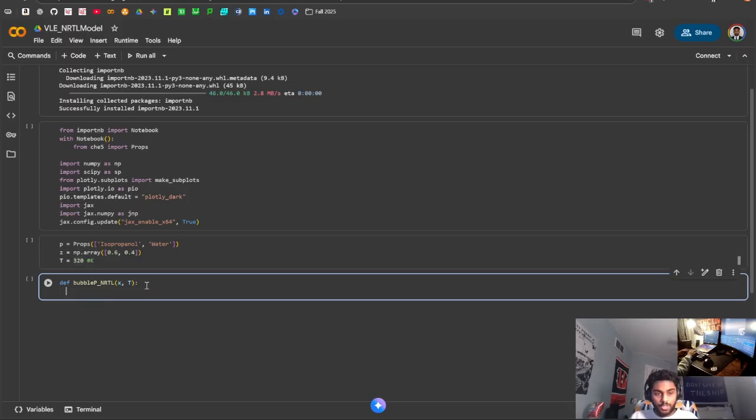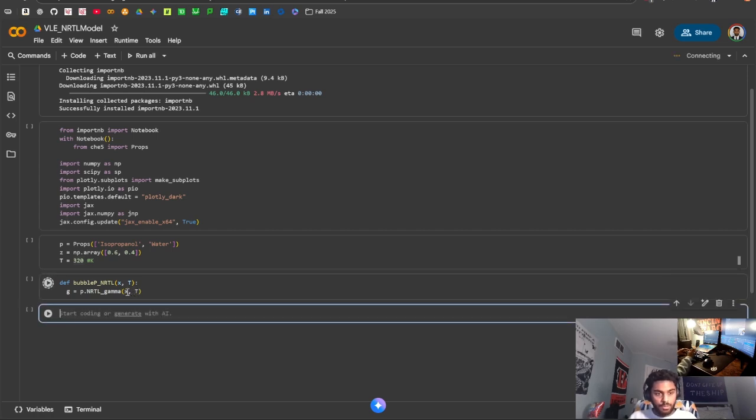The first thing we want to do is we had learned how to pull the gamma, our activity coefficients, using our properties library. So we'll go p.nrtl gamma at our given composition and temperature.